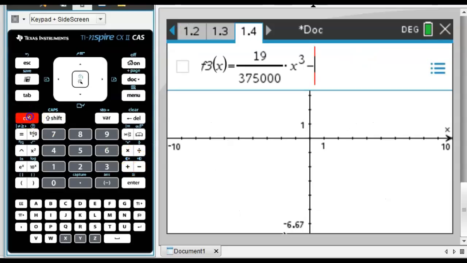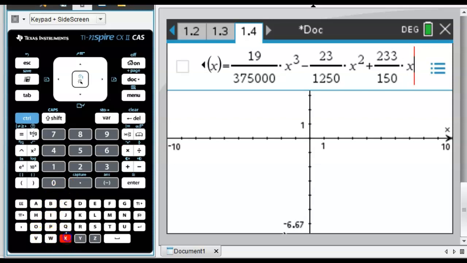Right, minus, I'm going to do Control divide again, 23 on 1250 times x to the power of 2. Now plus, I believe this one was 233 over 150 times x, and because the value for D is 0, I'm not going to bother entering that.